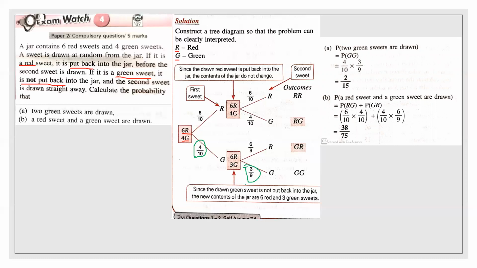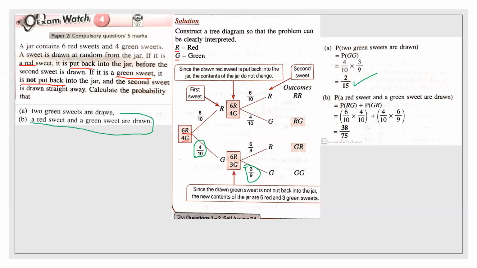These two probabilities you multiply together, because this is an intersection. So 2 green sweets are drawn: 4 over 10 times 3 over 9, then you will get 2 over 15.